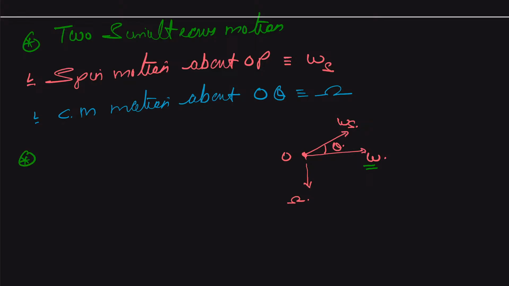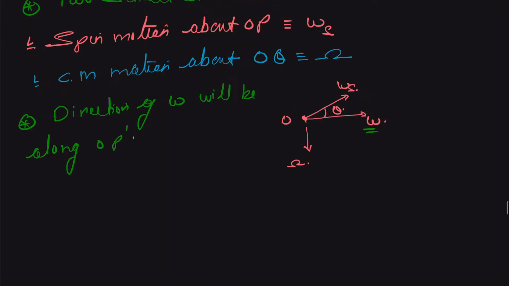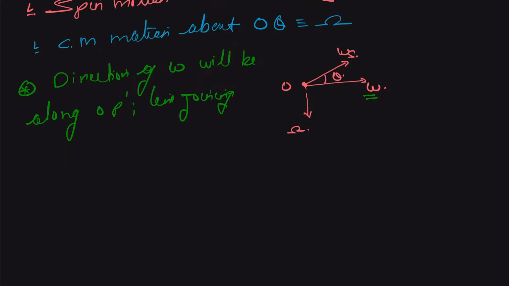So we can say that the direction of omega will be along OP prime, which is basically the line joining the points at rest.